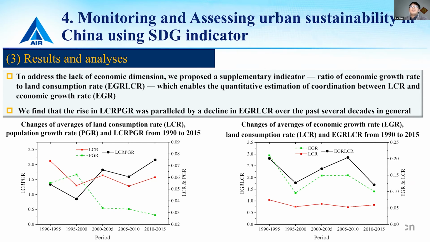So here, the two charts show that the rise in LCR, PGR was paralleled by a decline in EGR, LCR over the past decades in general for China. That means the land development rate is much faster than population growth rate and economic growth rate.